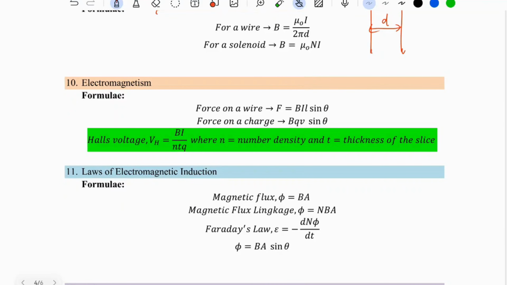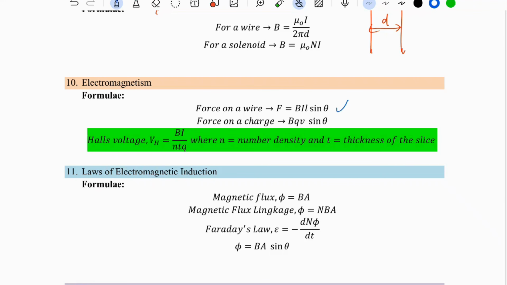Okay, chapter 10, electromagnetism. Force on a wire. We have this one, BIL sine theta. B is the magnetic field, I is your current, L is the length of the wire, and of course sine theta. And remember, your magnetic field cannot be parallel to your wire.